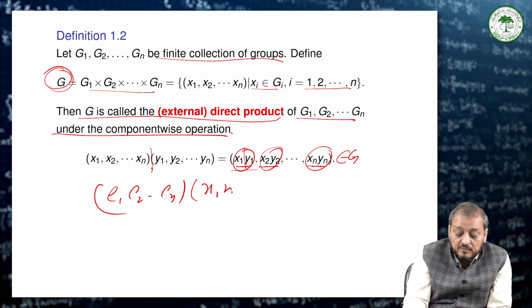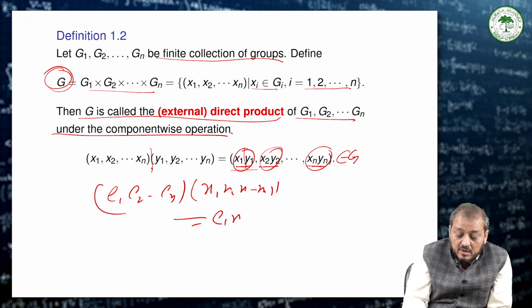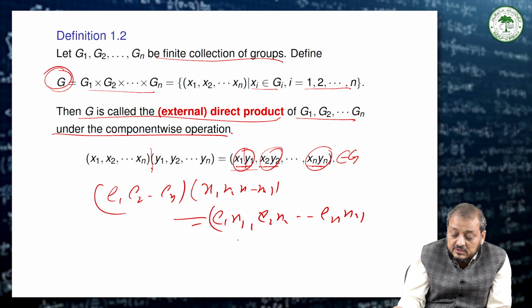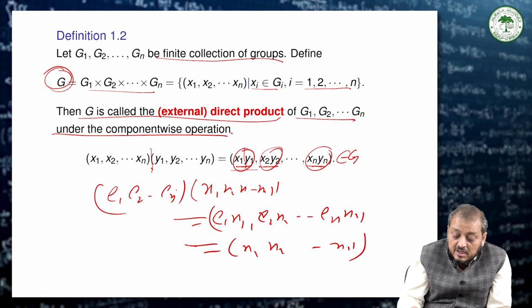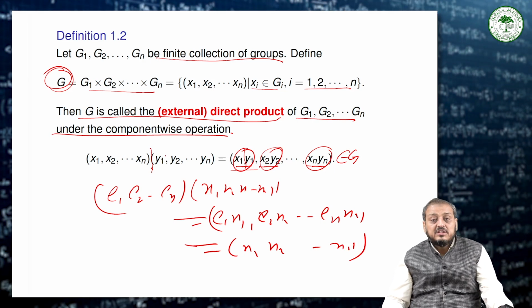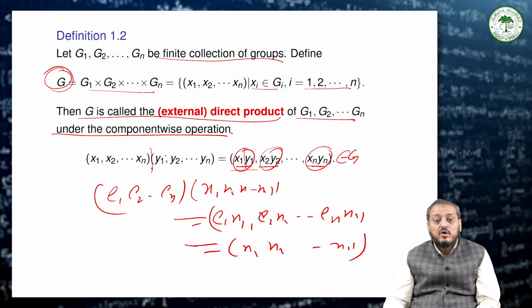Then we have x1, x2, up to xn, and that can be written as E1 x1, E2 x2, and so on, En xn. This is nothing but x1, x2, up to xn, by the identity property of G1, G2, up to Gn.